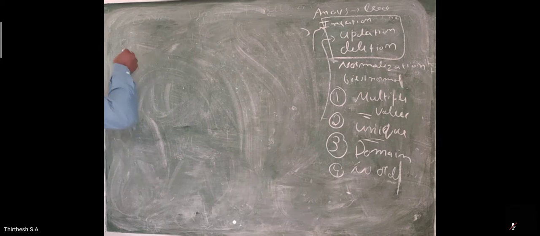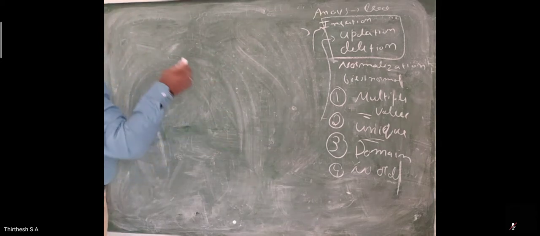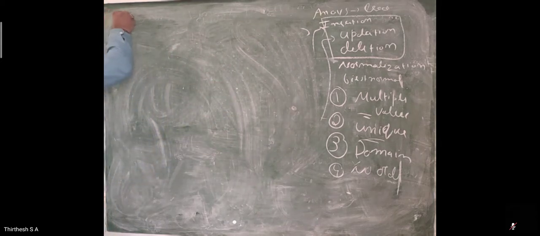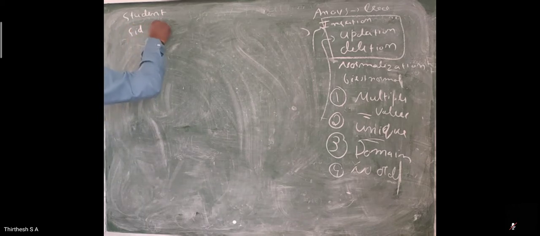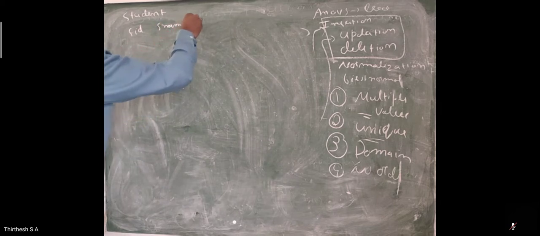For example, here I am going to create the first table as student, without normalization. I am not going to apply normalization here. So I will create SID, SName and subject.